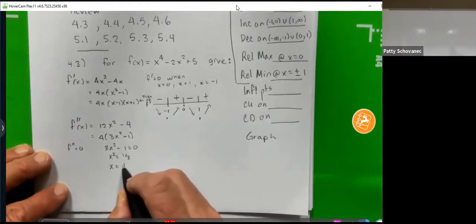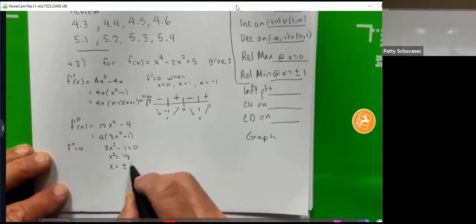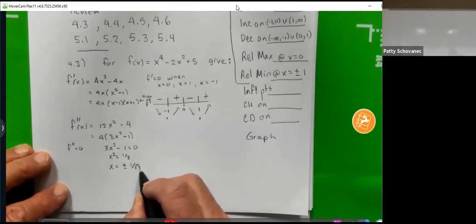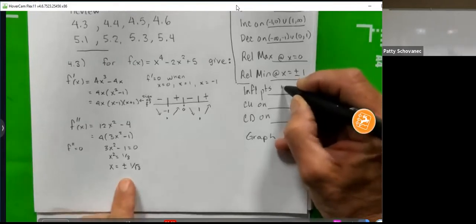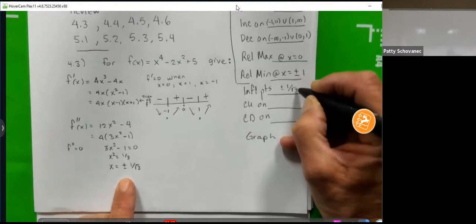X is plus and minus the square root of 1/3. We'll take the square root of 1 and get 1, and the square root of 3 on the bottom. Just make sure you get both inflection points. Anytime you solve a squared equation, make sure you do the old plus and minus. So those are inflection points.